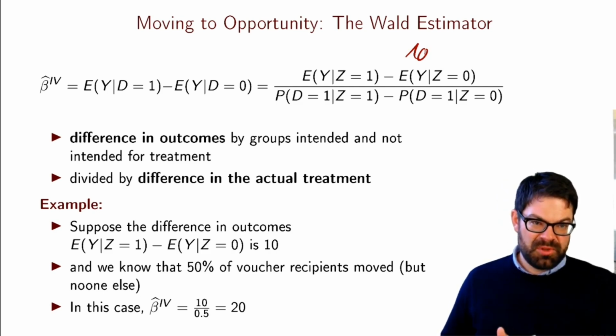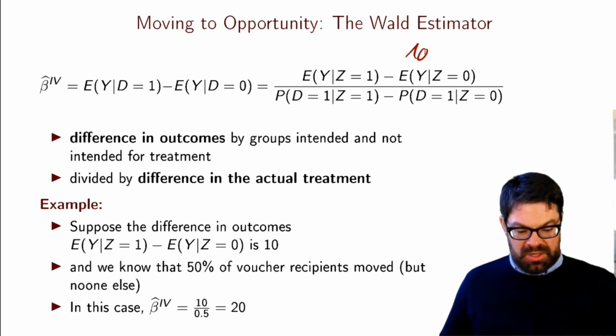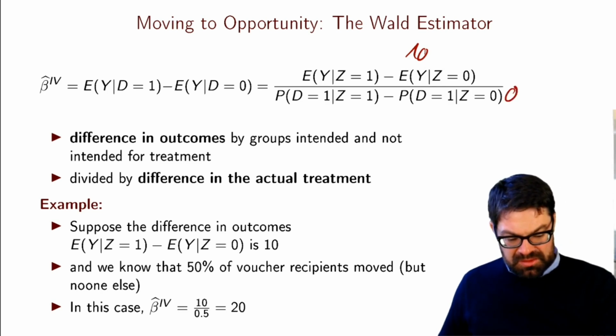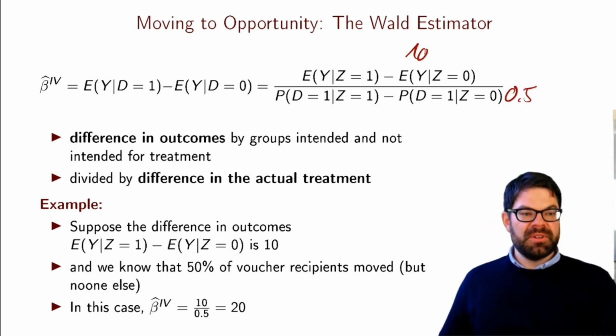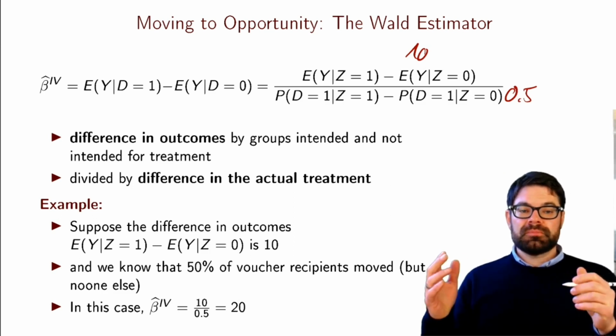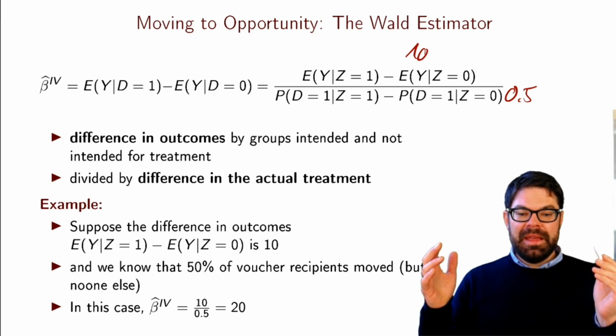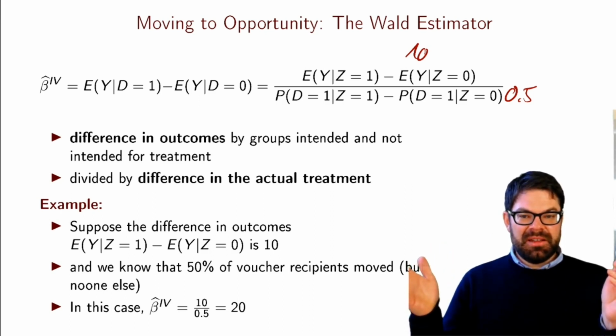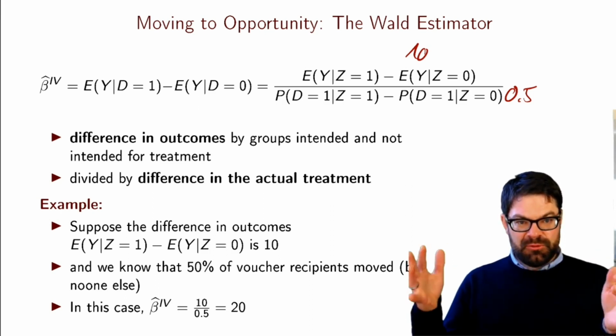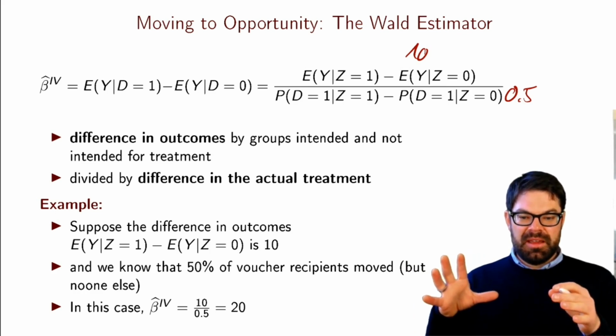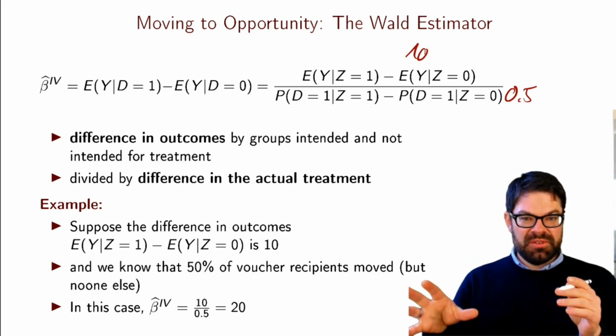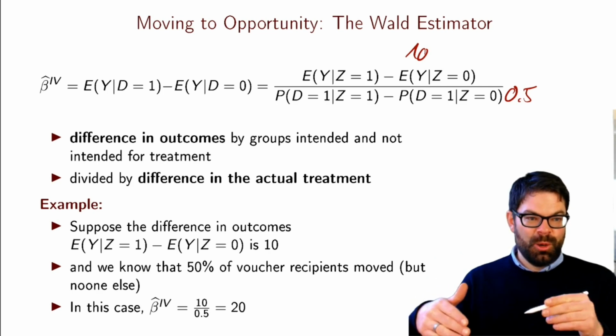And let's assume for simplicity that no one else moved. So that the first stage here is a difference in 0.5. Okay? And so then we can calculate from that the actual IV estimate, which is 20, right? 10 over 0.5.